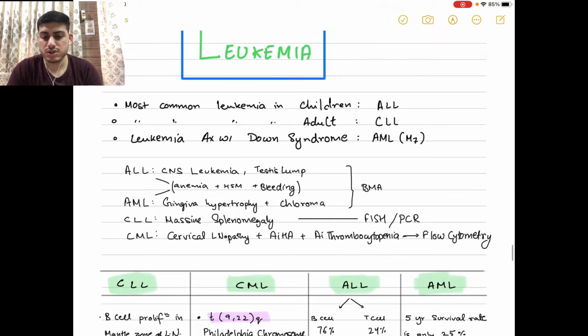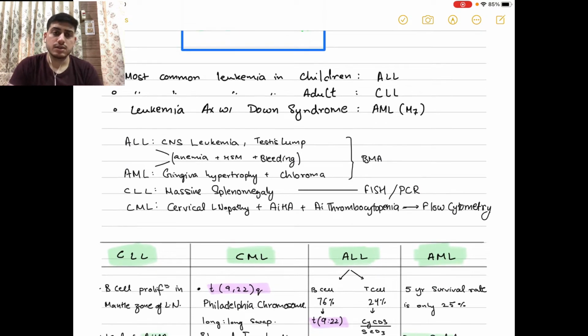For the brief introduction, if you have already read this topic, this will be a quick revision. The most common leukemia in children is ALL, and the most common leukemia in adults is CLL. The leukemia associated with Down syndrome is AML. Don't confuse this: the most common leukemia found in Down syndrome kids will be ALL, because still they are children.